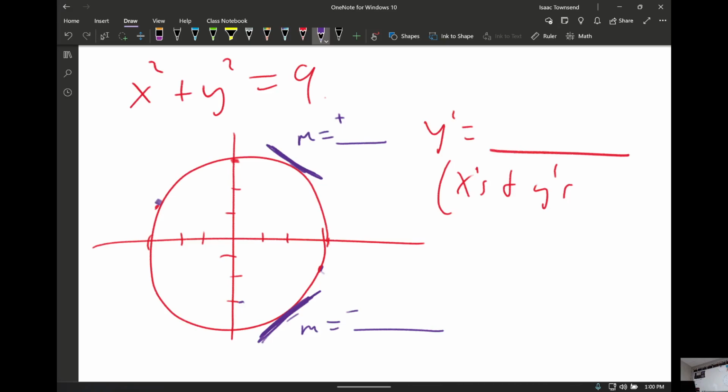We've got something times something. So the derivative of x would be 1 times this stuff left alone, plus leave x alone times the derivative of this stuff, which would be 0.